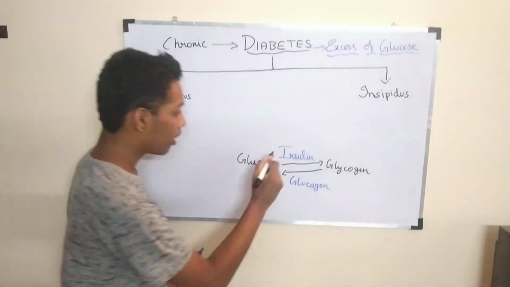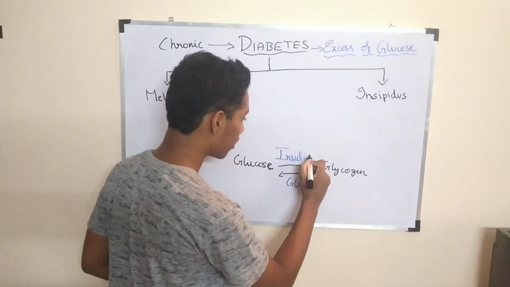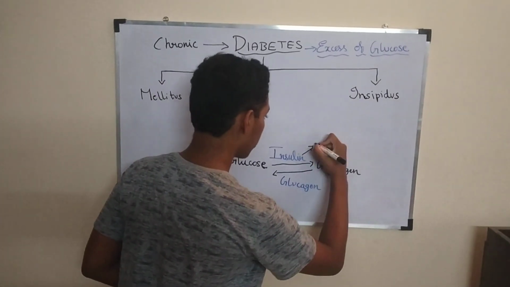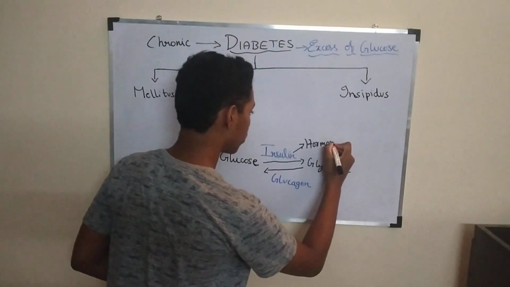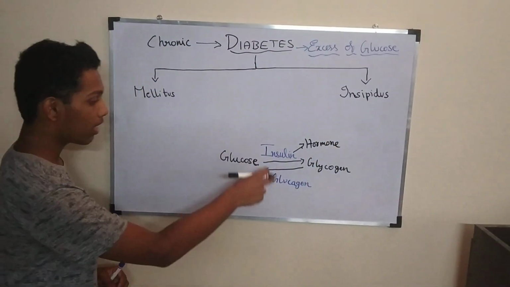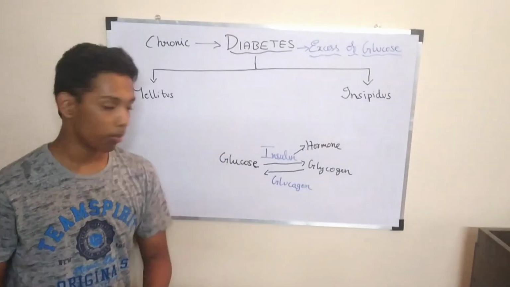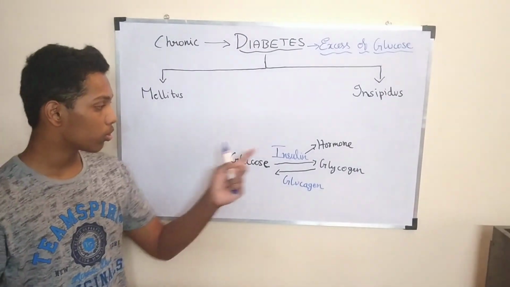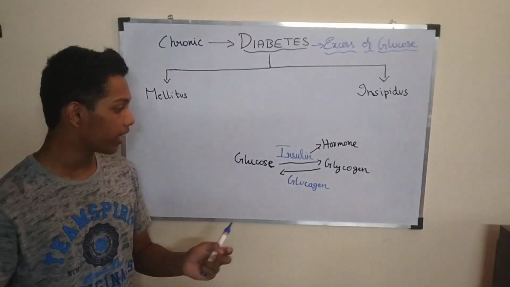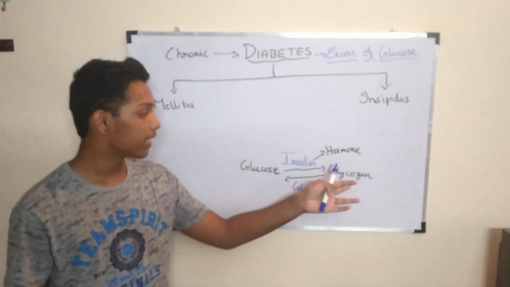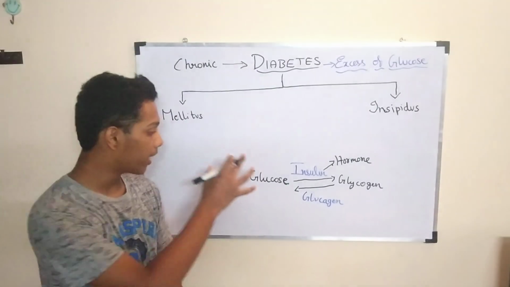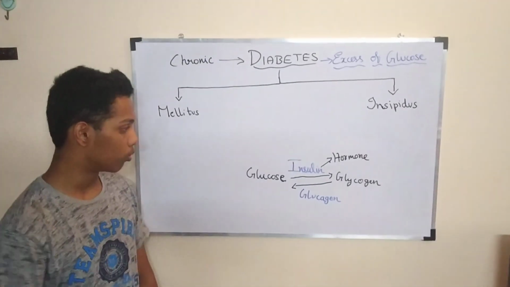Remember that insulin as well as glucagon are hormones, right? Insulin converts glucose to glycogen. During emergency flight conditions, when we require a large amount of glucose, glucagon converts glycogen to glucose, which we can use in the form of glucose, right?